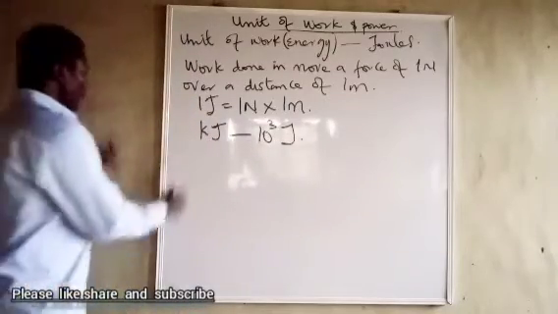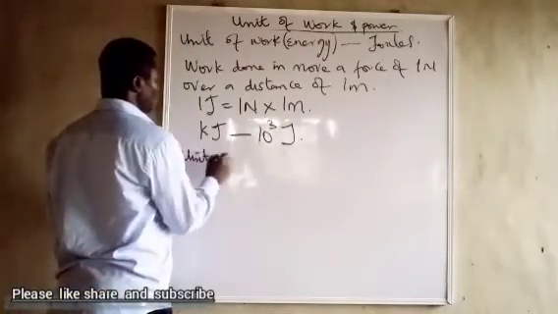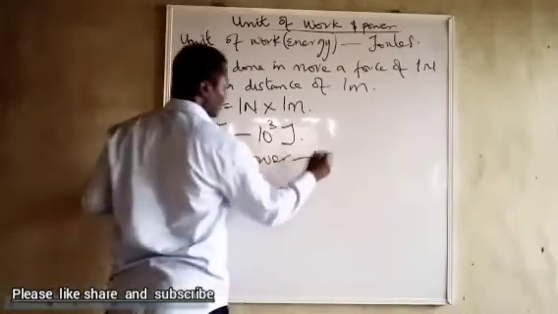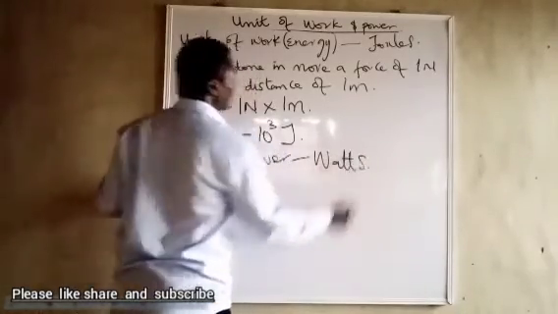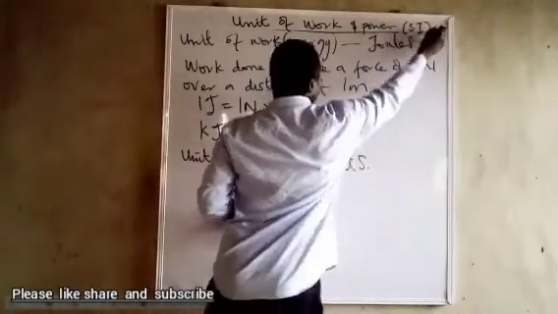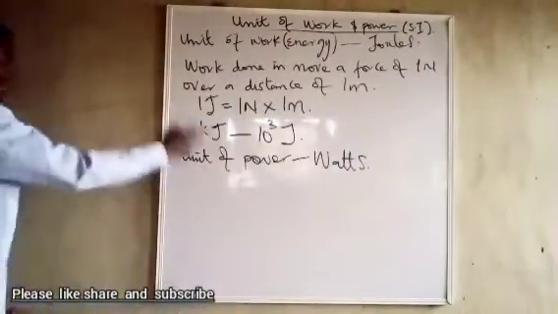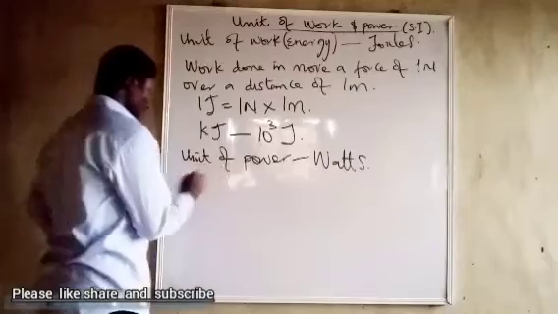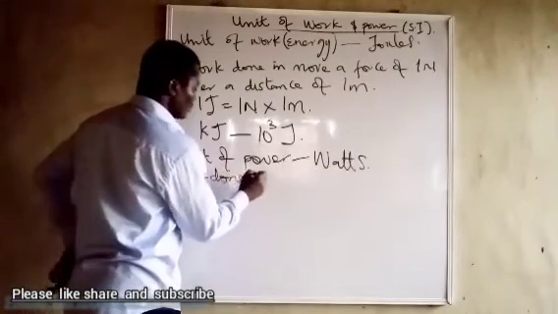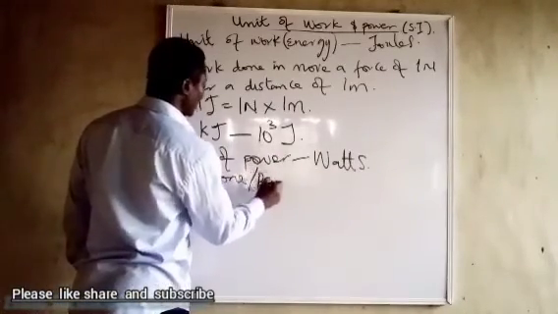Now let's talk about the unit of power. The unit of power is always referred to as watts. Please, I am talking about SI units. It is the work done per second.